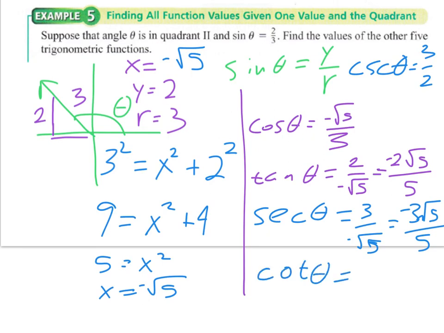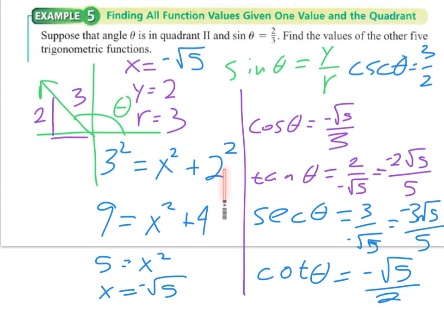Again, cotangent just being x over y is negative square root of 5 over 2. So yeah, there we go. So that's all 6 trig functions. Again, really we use the trig function that they give us to figure out, in this case with sine, we can determine y and r. And we use the Pythagorean theorem, r squared equals x squared plus y squared.